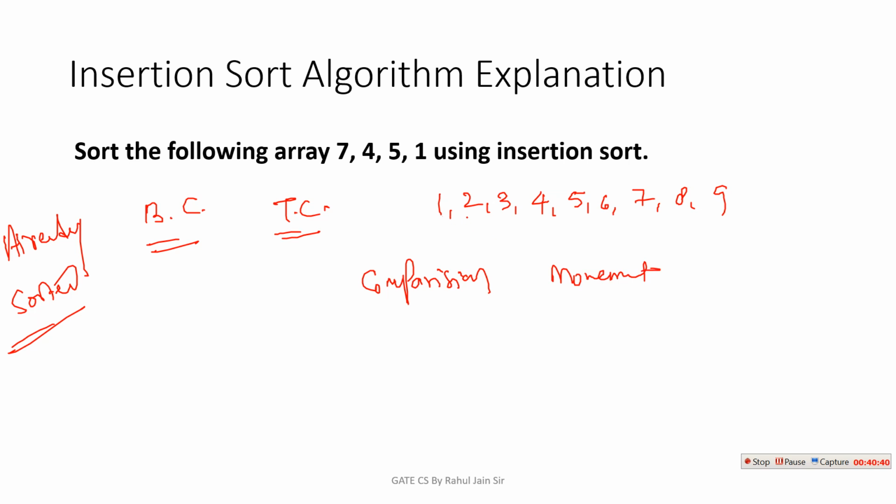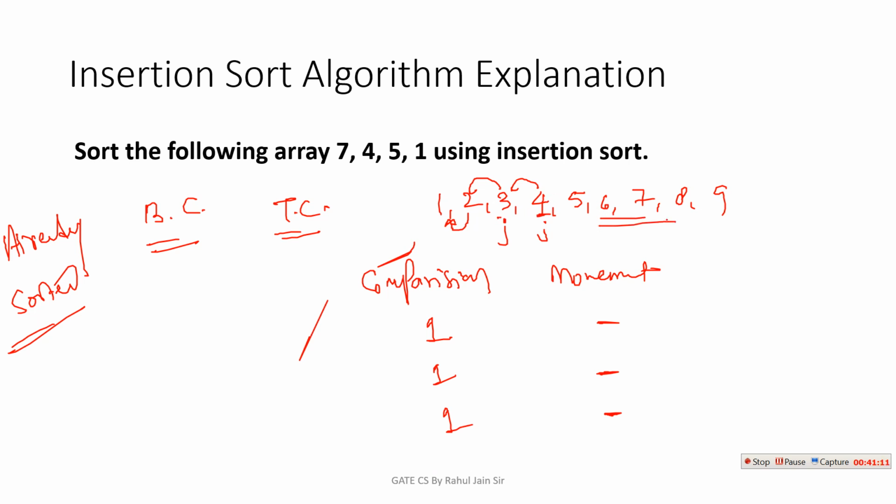So the first element will compare with the first element, so one comparison but no movement, because both are placed at the right position. Then J would be here, it will compare with this. One comparison, no movement. After that J will move here, one comparison, no movement, because every element is placed in its right place, because 4 is greater than 3, so no movement is required now.